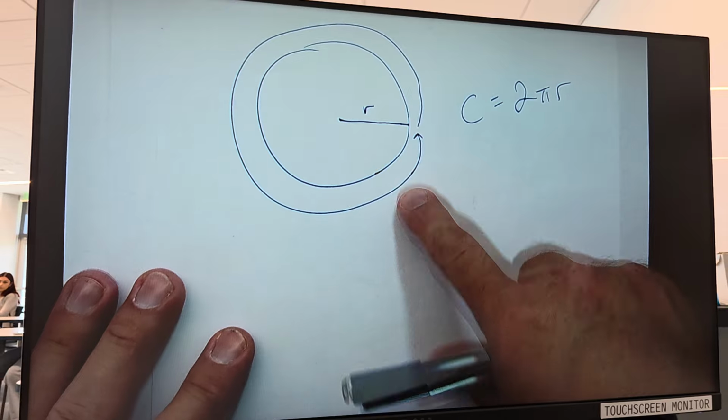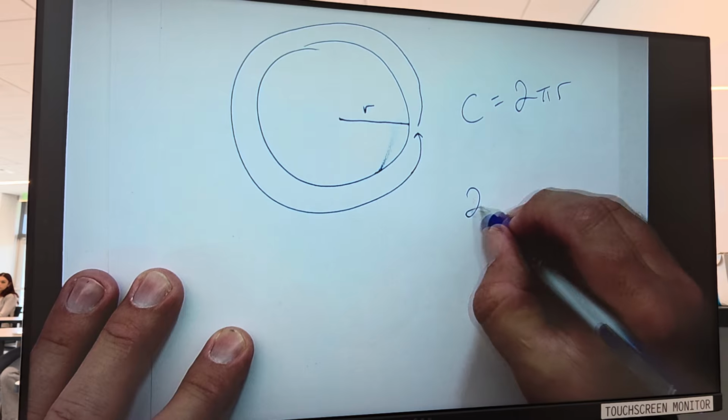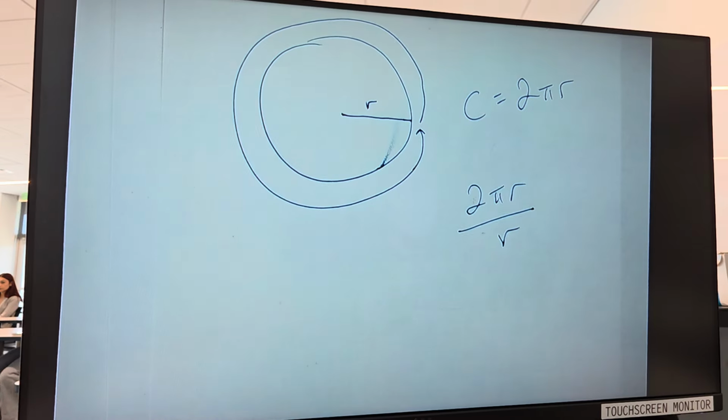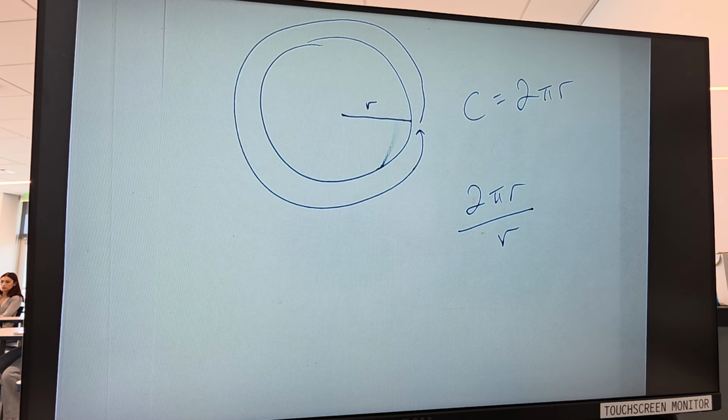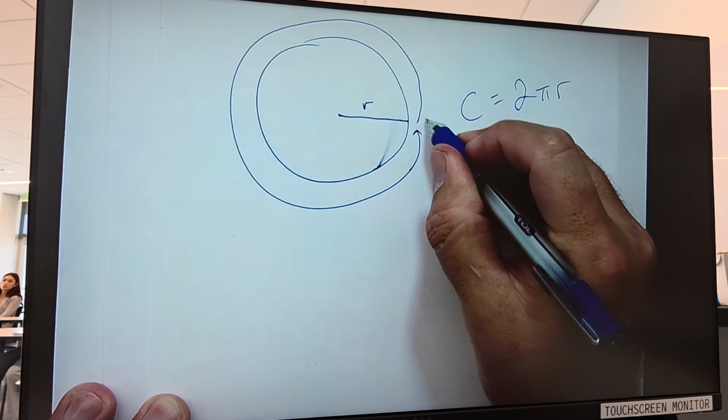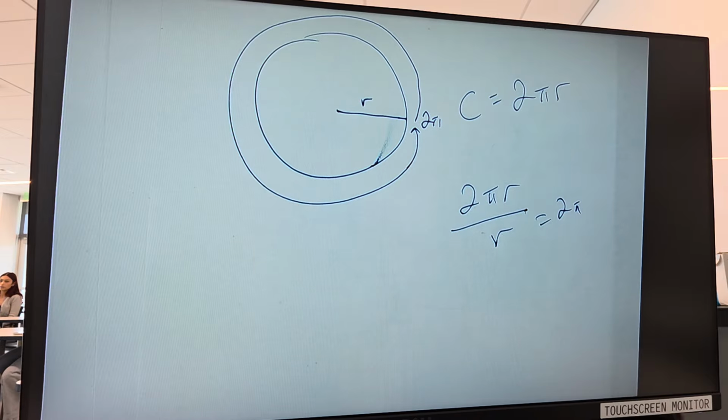How far did I go if I go all the way around the circle? 2 pi r. And I divide by r, because that's how big the radius is. I want to see how many of these fit in here. So what do I get? 2 pi. So all the way around a circle is 360 little degrees, or it's 2 pi radians.